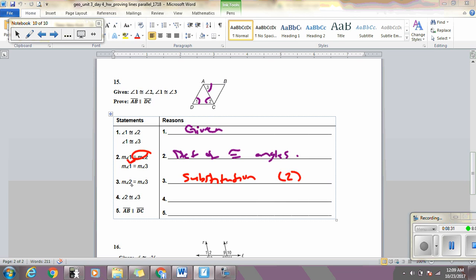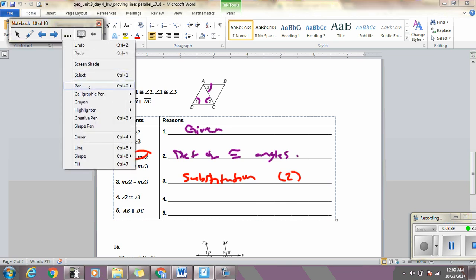So when you had the measurements are equal and now you're saying the angles are congruent, again, that's the definition of congruent angles.